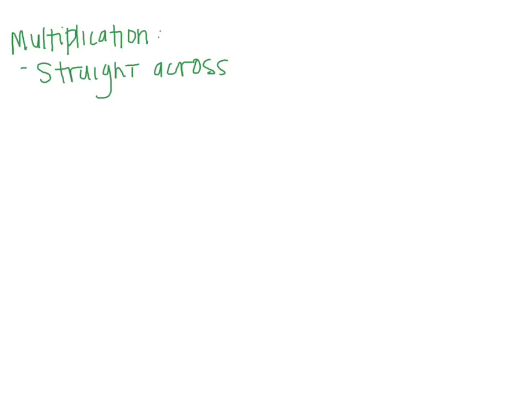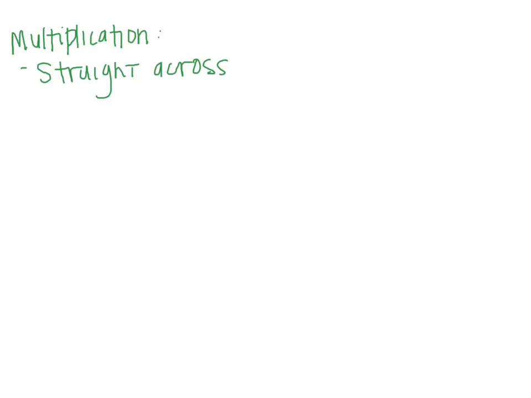I've had a lot of different people tell me you just cross multiply, and that can refer to multiplication, division, or simplifying the fraction. I really don't know what people are talking about sometimes when they say cross multiply, because I don't think they're using the right term. So stray away from this cross multiplying idea and instead just think straight across.